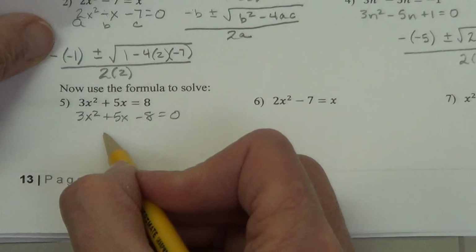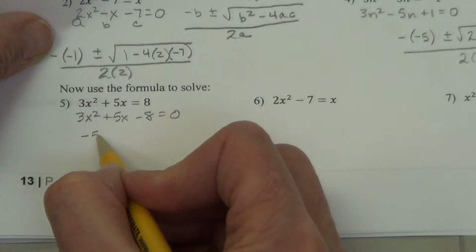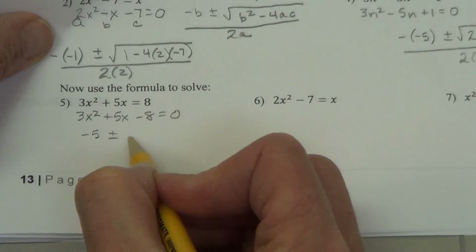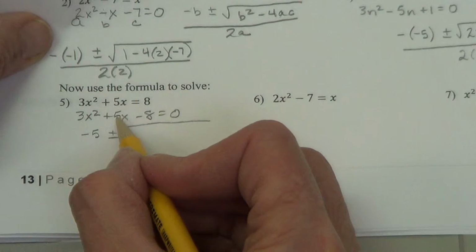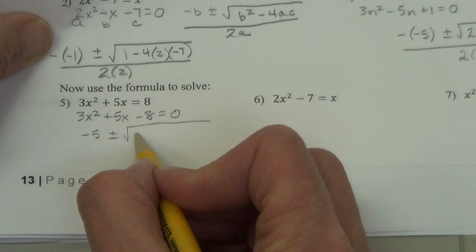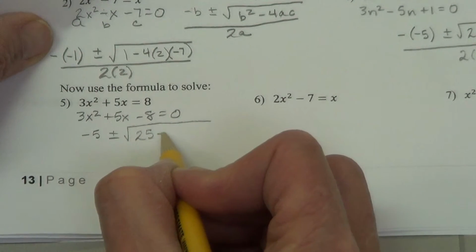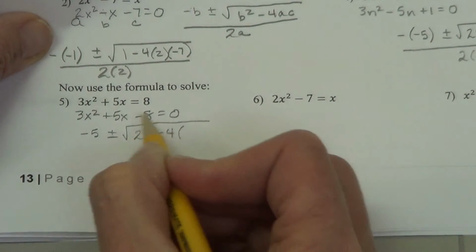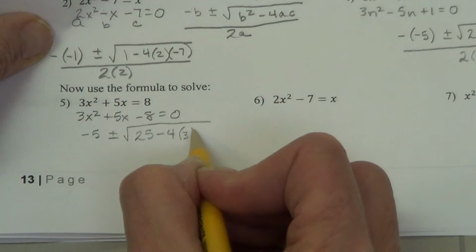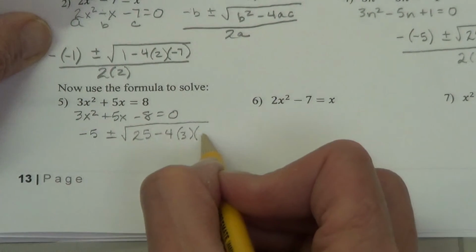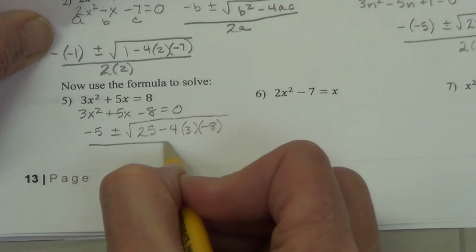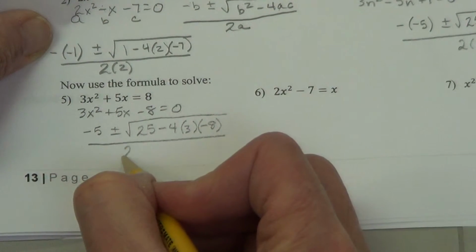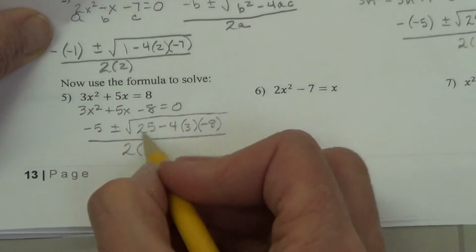Now, a negative boy, so it's -5 plus or minus radical b squared. 5 squared would be 25 minus 4 times a is 3 times c is -8. All over 2 times a is 3.